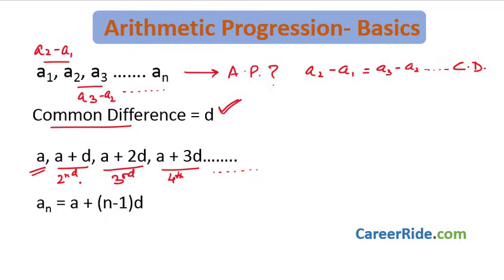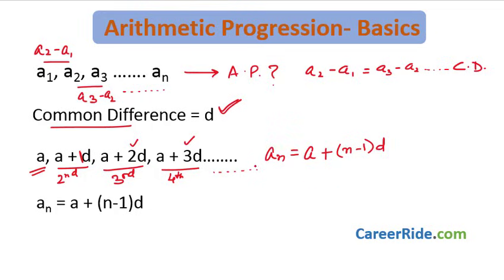Now, are you noticing something interesting here? The interesting thing to notice here is when I'm writing my second term, it is A plus 1D, that is the first term plus the common difference. My third term is A plus 2D. My fourth term is A plus 3D. Now, if I go in a similar fashion, my nth term, an, would be what? It would be A, that is the first term, plus n minus 1 into the common difference, right?